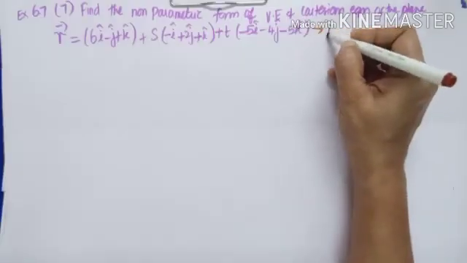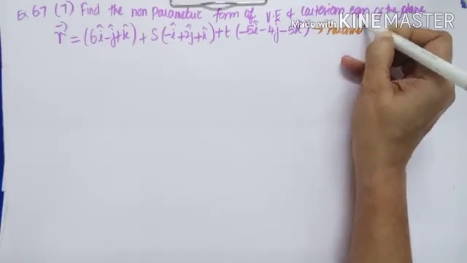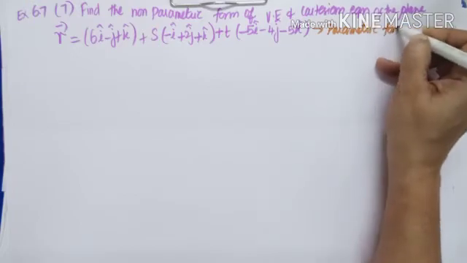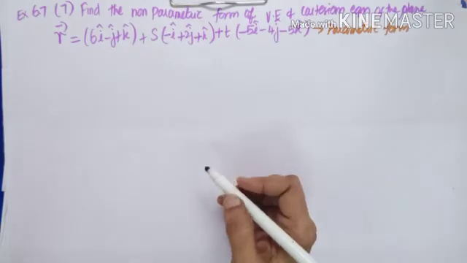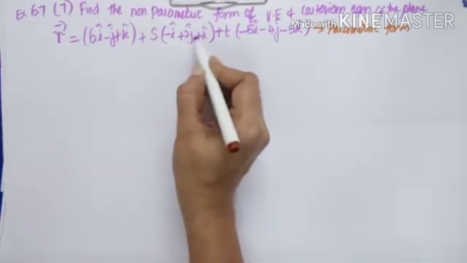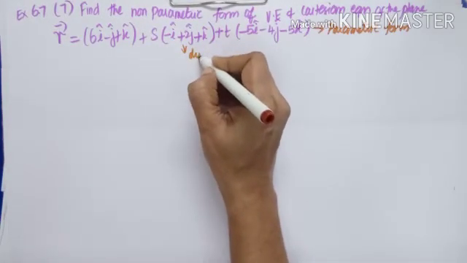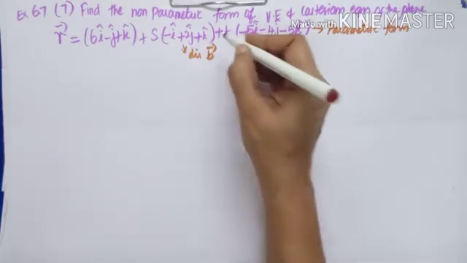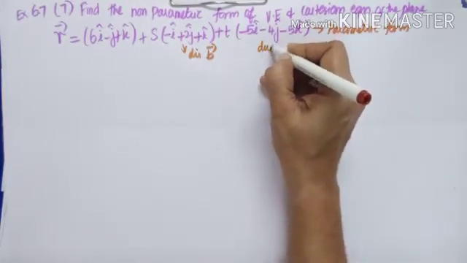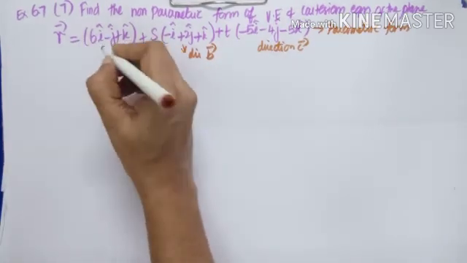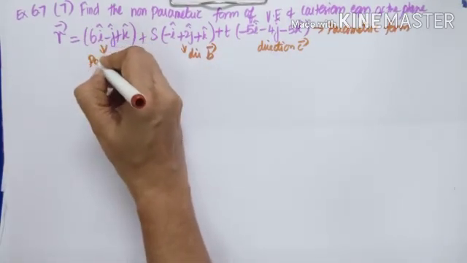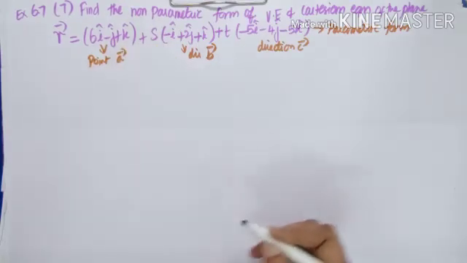From the parametric form, we need to find the non-parametric and Cartesian. Now S into tells me this is direction B vector. T into tells me this is direction C vector. And R equals to tells me this is point, and I call it as A vector.